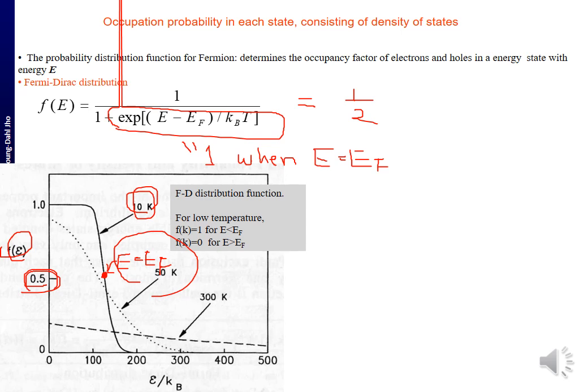Well, and then as we increase the temperature, as T increases, this exponential function changes slowly. Okay, and as T becomes large, 50K, slowly changing, 300K, slowly changing.